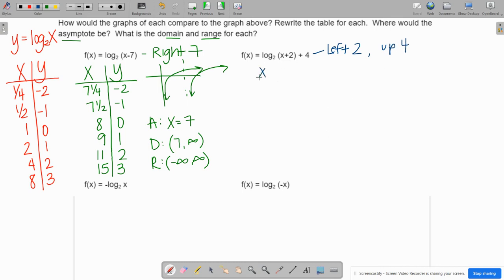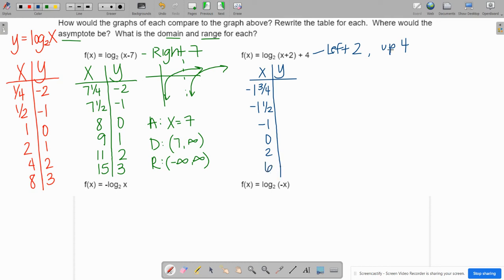So left 2 means that we need to subtract 2 from all of our x coordinates, and up 4 means we're going to add 4 to all of the y's. So if we subtract 2 from -1/4, that's -2 1/4. Subtracting 2 from 1/2, that's going to be -1 1/2. 1 minus 2 is -1. 2 minus 2 is 0. 4 minus 2 is 2. 8 minus 2 is 6.